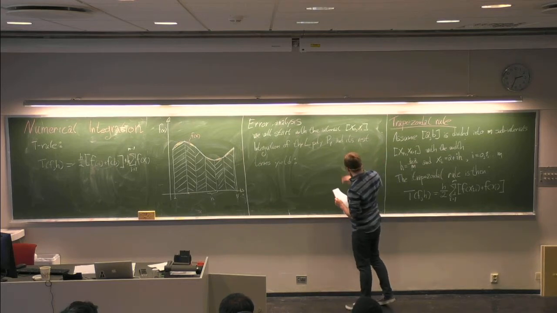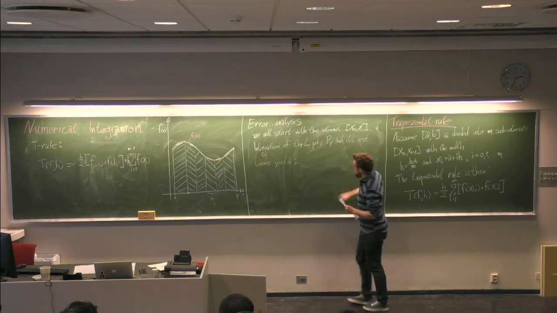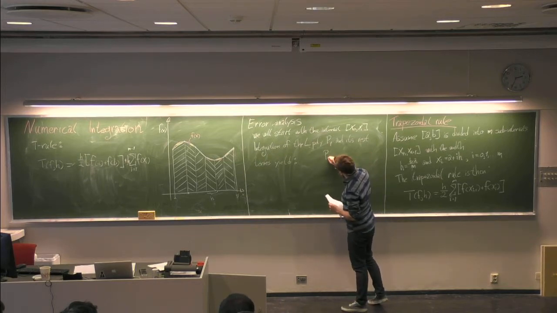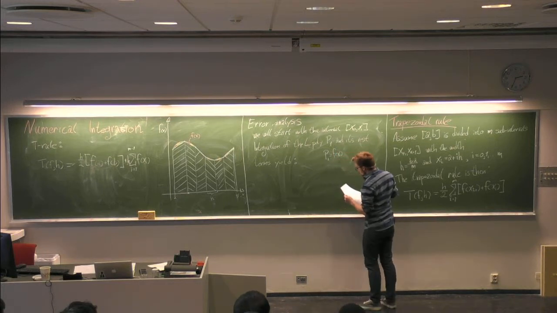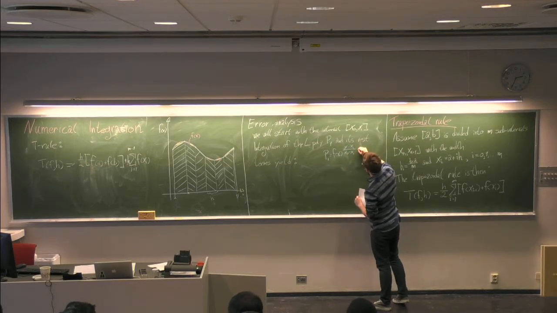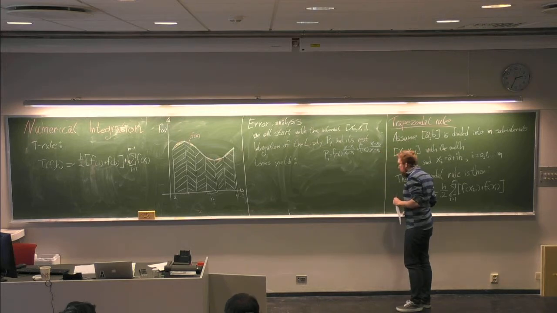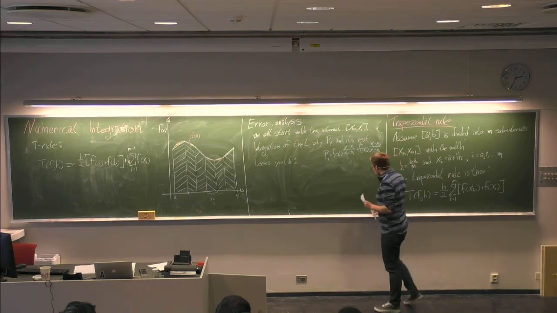This is going to look like, have it in blue. So this P1 is f of x0, (x minus x1) over (x0 minus x1), plus f evaluated at x1, (x minus x0) over (x1 minus x0). That's the Lagrangian polynomial P1 here.